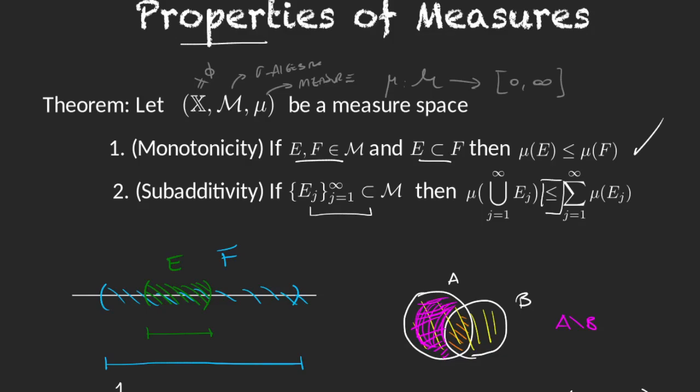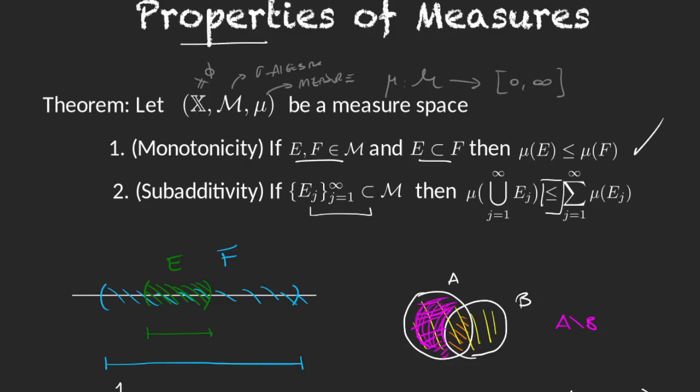Now remember, from the definition of a measure, we know that if these sets were disjoint, then here we would have an equal sign. So this is actually generalizing that, and it's saying that whenever you grab any sequence, you'll have that the measure of the union is less than or equal to the sum of the measures.